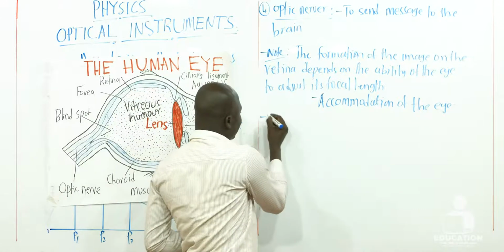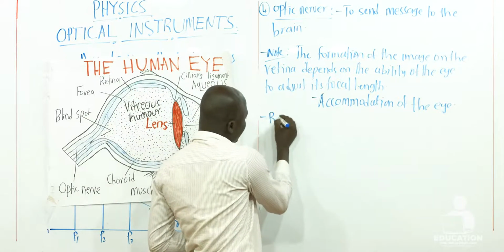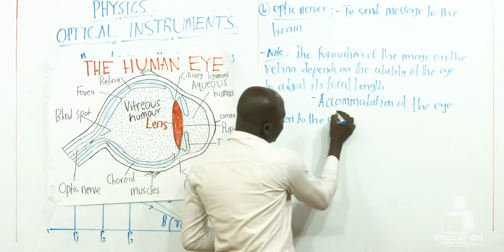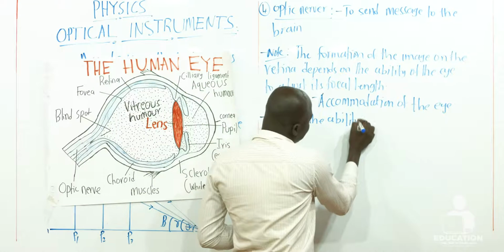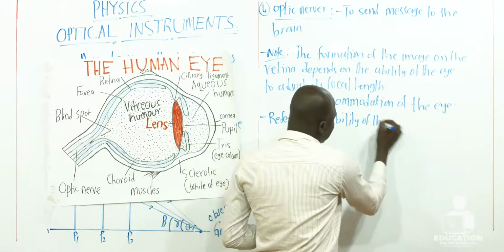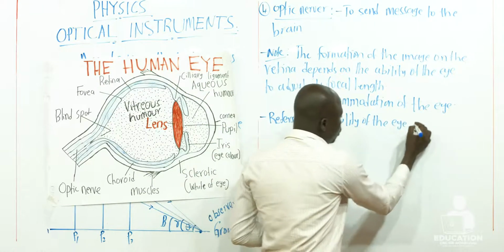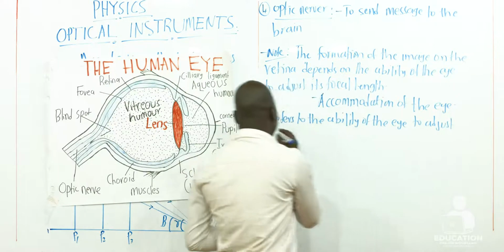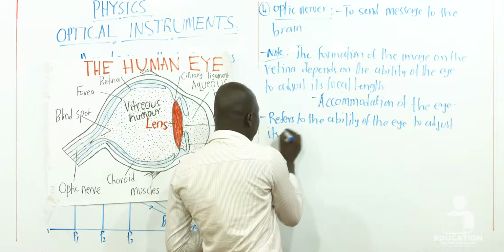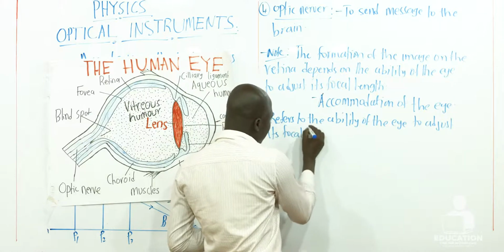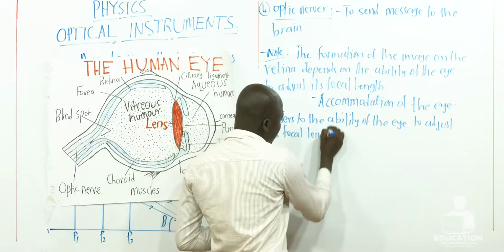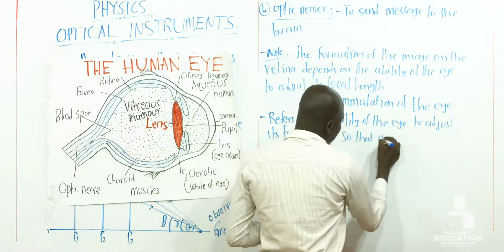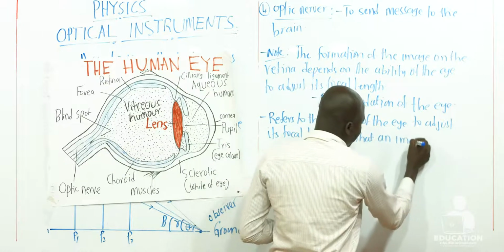So accommodation refers to the ability of the eye to adjust its focal length so that an image can be formed on the retina.